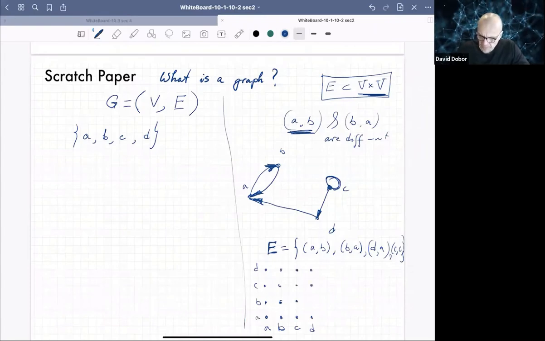If I'm not allowed to draw 2 edges here, like AB and AB, suppose that's not allowed. If I draw an AB once, that's an AB. What's the most number of edges that I can have? That is, I'm asking, what's the cardinality of this? That is, how many pairs of elements do I have, is essentially the question. How many?